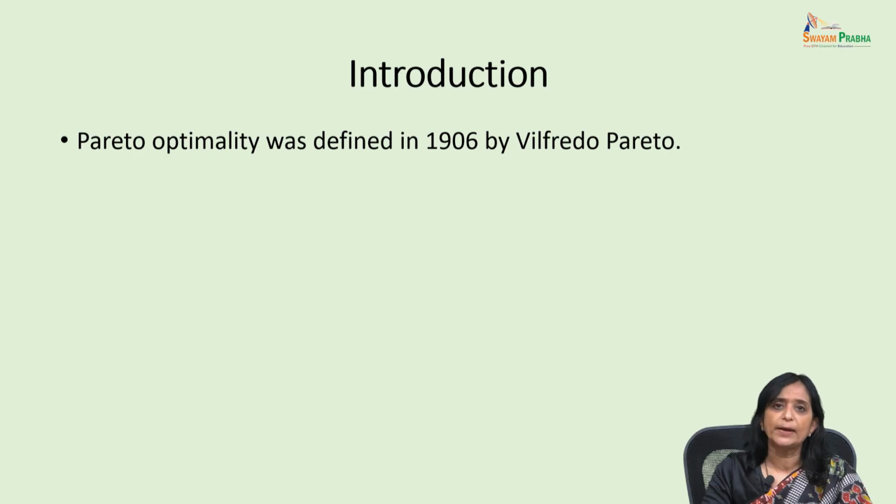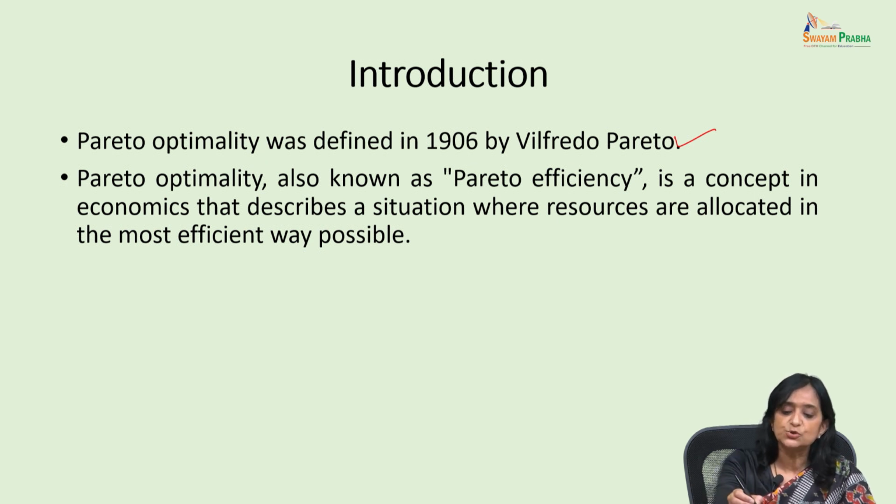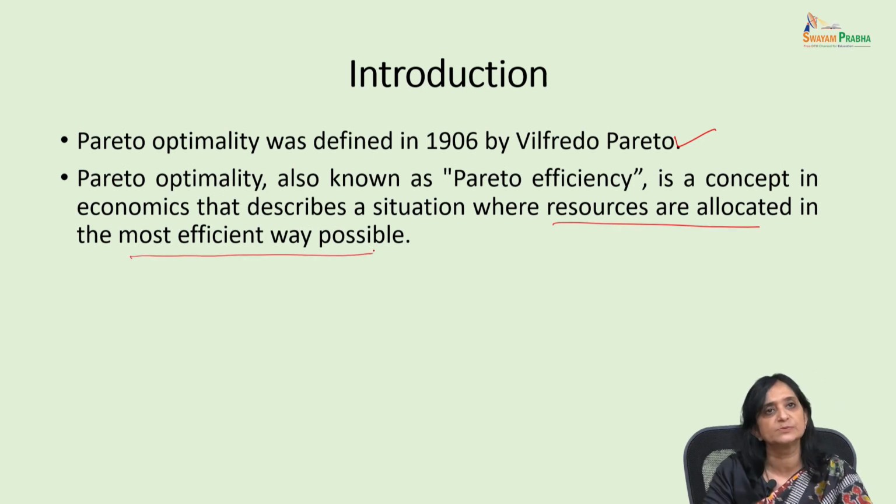When we talk about Pareto optimality, this concept was defined in 1906 by Vilfredo Pareto. It is also known as Pareto efficiency. And what does it say? It says that in economics, it describes a particular situation where the resources are allocated in the most efficient way possible.